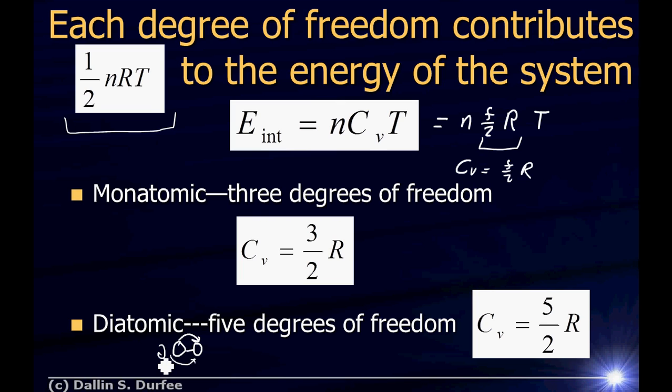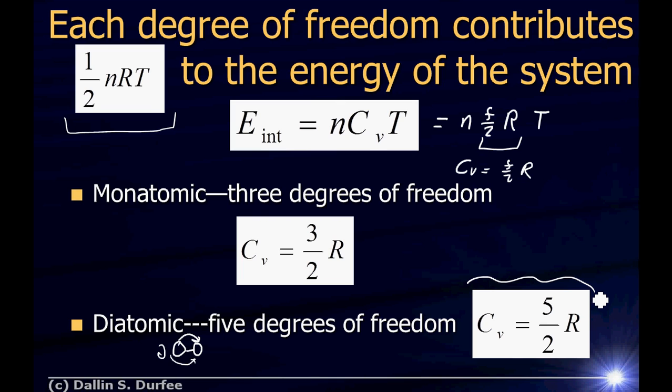So that type of rotation is actually taken care of by doing the physics differently. So we only get 2 additional degrees of freedom for rotations that break the symmetry of the system, along with our 3 kinetic degrees of freedom, for 5 total degrees of freedom. And so for a diatomic gas, the molar specific heat at constant volume is 5/2 R. Okay? So there's a review.